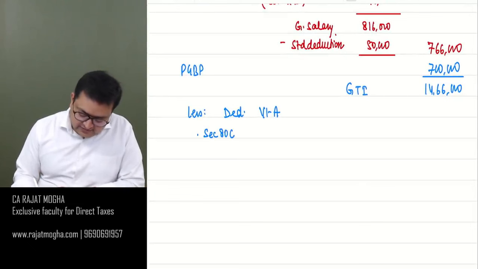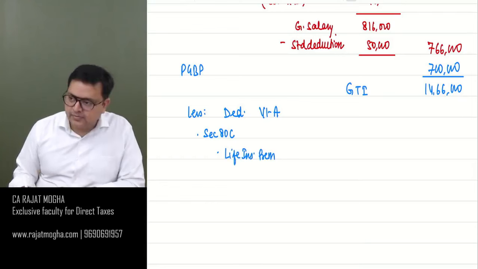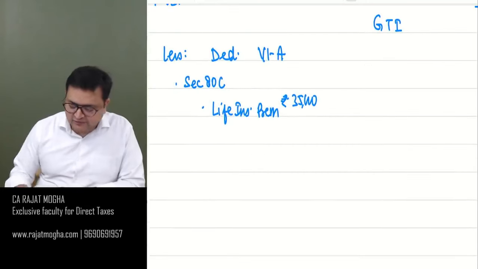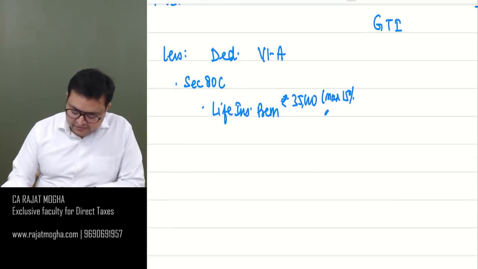Section 80C. One is life insurance premium, rupees 35,000. It was rupees 35,000, but we will give a maximum of 15% of 2 lakh, so I'll write 30,000 in the inner column.